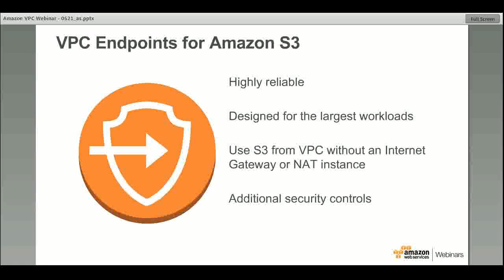Instances do not require a public IP address, and you don't need a NAT instance in the VPC to use S3. And again, it was designed for the largest workloads, so this is a feature that we built for applications that require a high volume of traffic to and from Amazon S3. Additionally, we provided additional security controls that allow you to control access to S3 through the endpoint, which I'll explain in a few moments.